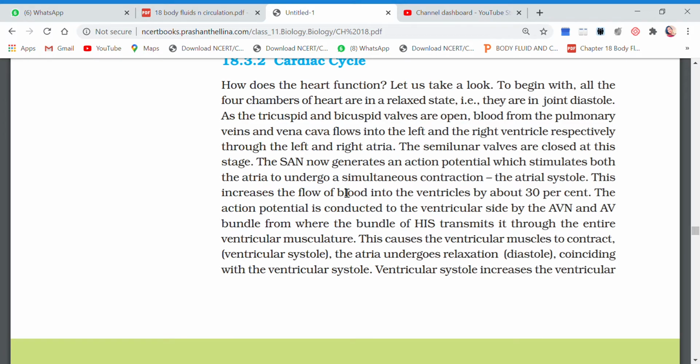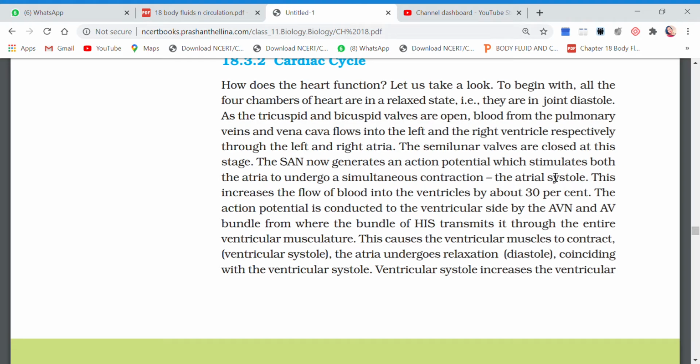What do you mean by simultaneous contraction? It means that right auricle and left auricle will contract together. So this is called atrial systole. Why are we calling it atrial systole? Because at this point of time only the auricles are getting contracted.